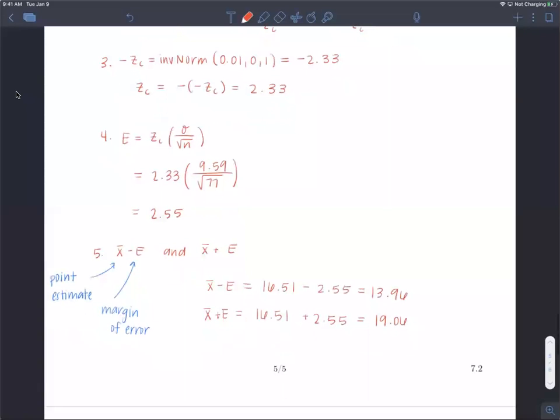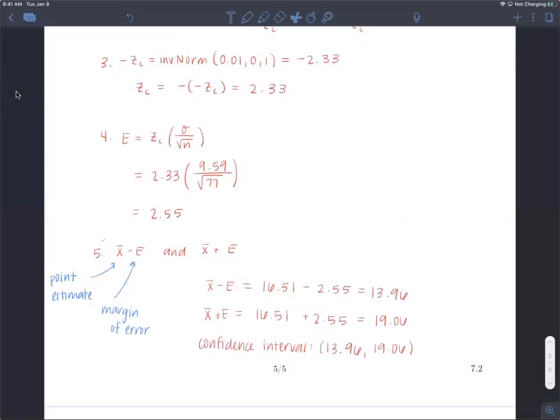And so our confidence interval is going to start at the smaller number and then work its way up to the bigger one. So 13.96 is the first part of our interval. And then it's going to go all the way up to 19.06.